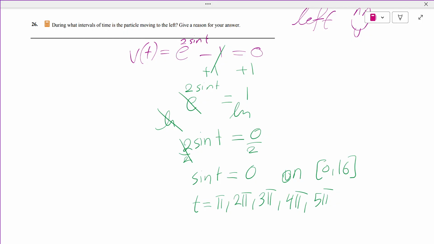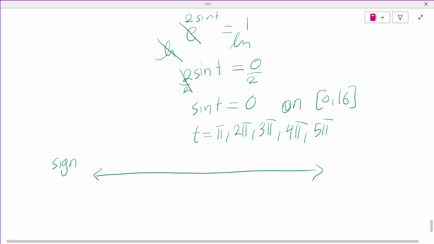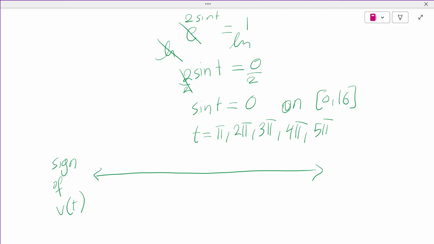Now let's check the sign of v of t. We are starting at 0 all the way to 16.